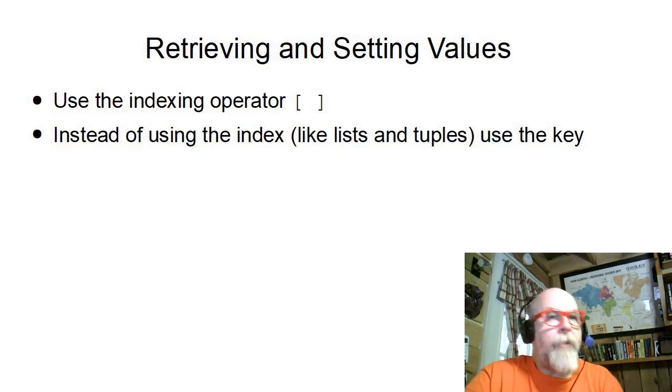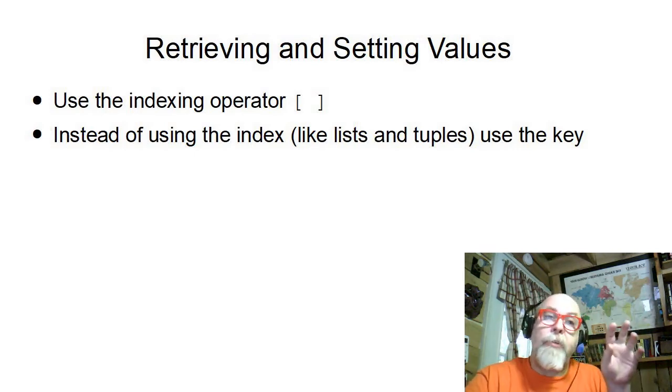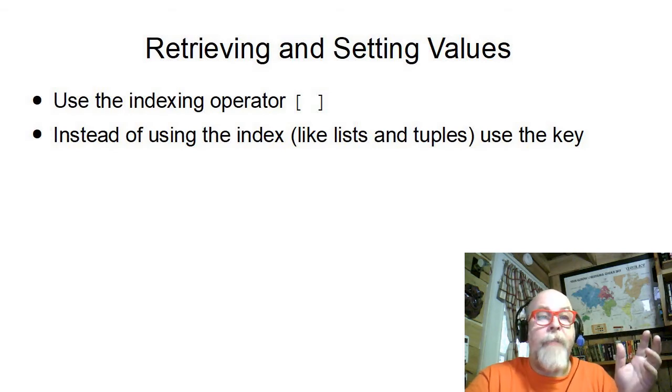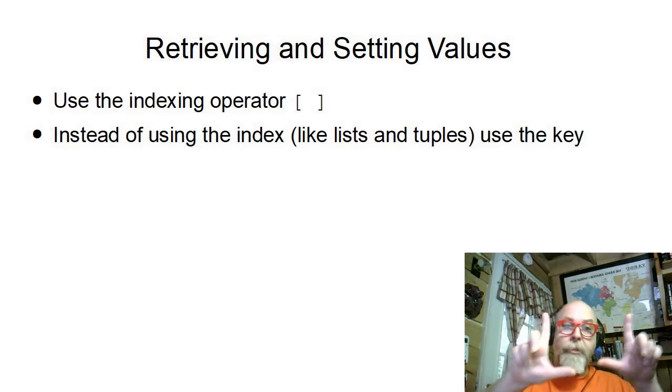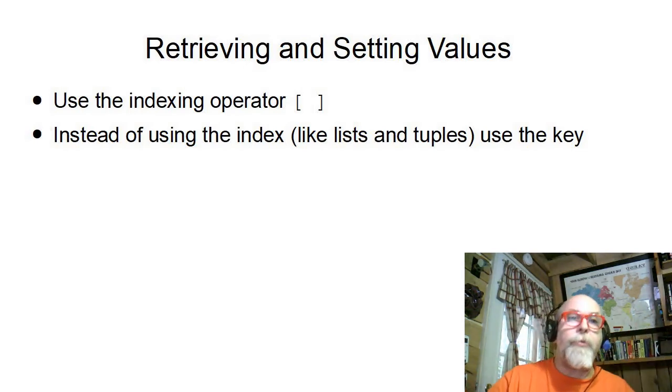So creating a dictionary is great, but we'll want to manipulate the dictionary, add values to it, extract values from it, or change the value associated to a key at times. We use the indexing operator, the square brackets that we use when we're dealing with a list or a tuple, to extract values. You use it just the same, but instead of using an index number, you use the key.